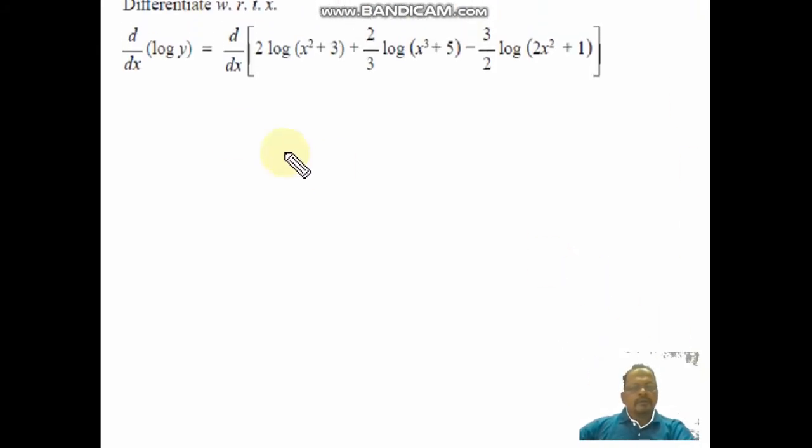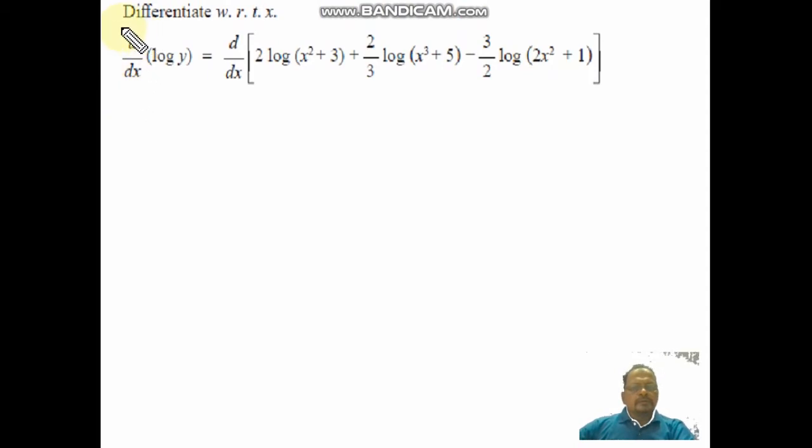Now let us start differentiating. So differentiating, we get left hand side derivative of log y with respect to x, and the right hand side is d by dx of the addition we wrote.